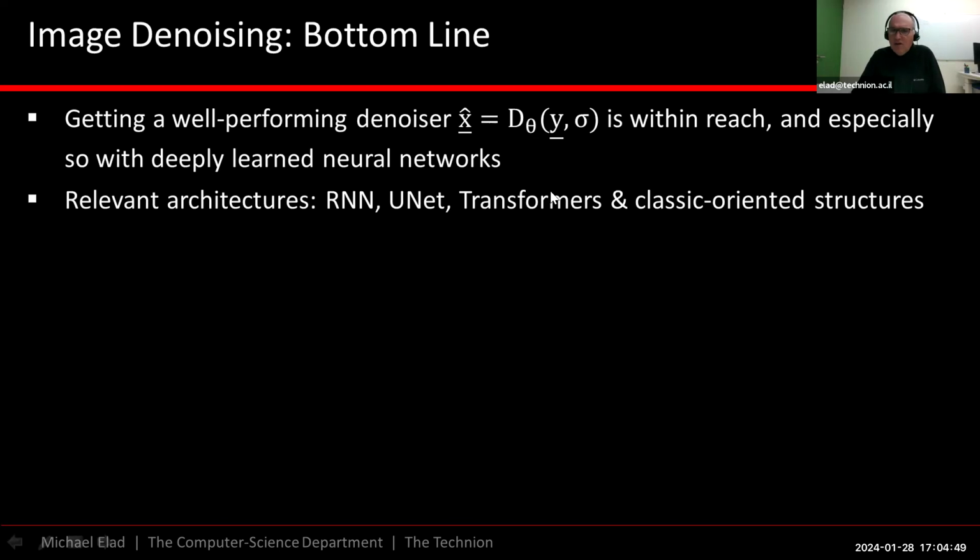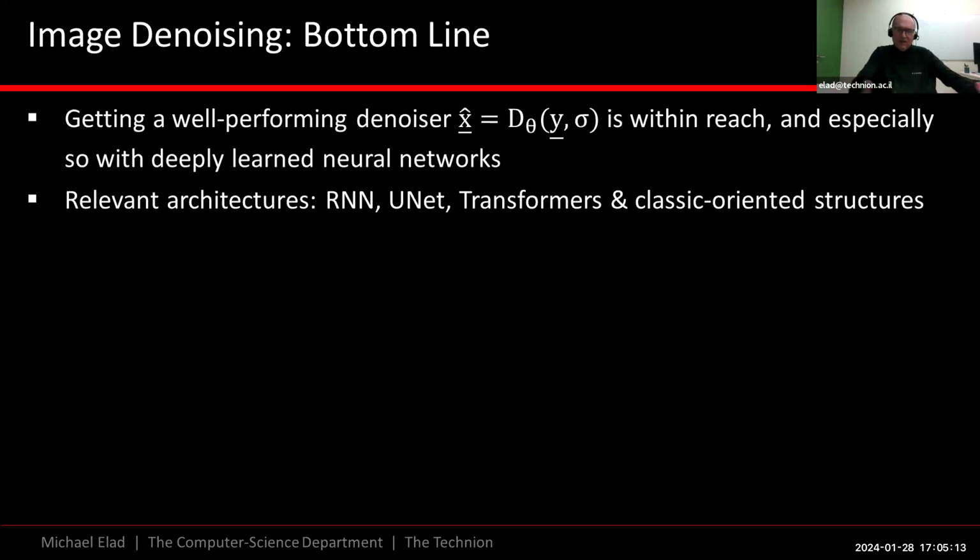And in parallel to all this, there are the classic-oriented structures. What do I mean by this? Remember, I told you that all the old results are obsolete, or nearly so. Well, here is an idea that people are playing with, including us. Take an old algorithm that has a clear justification. For example, it relies on sparse representation, whatever it is. You don't have to care what it is. Take this algorithm and unfold it.